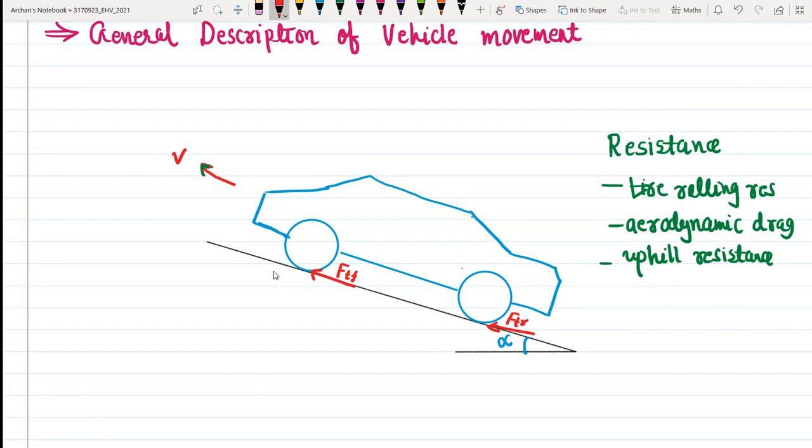This is what propels the vehicle in the forward direction. Why? Because this tractive force will generate some torque, and that torque is being transmitted via the transmission to these wheels, right? So here let us say these are my wheels, which will have some torque, say TRF. So this torque will act in this particular direction.